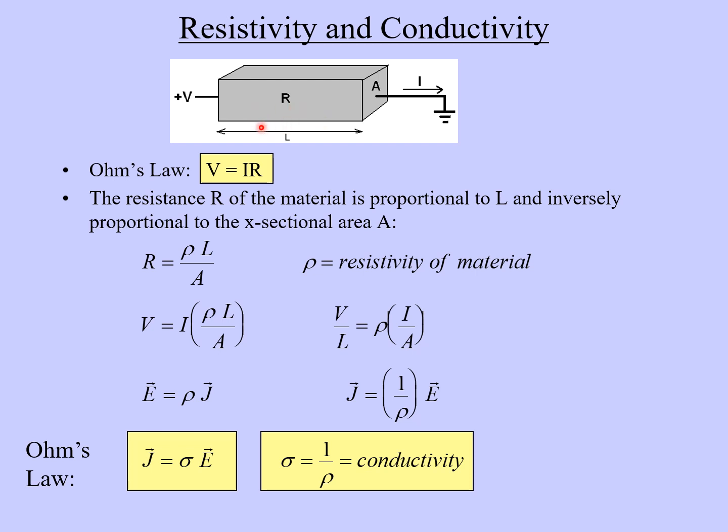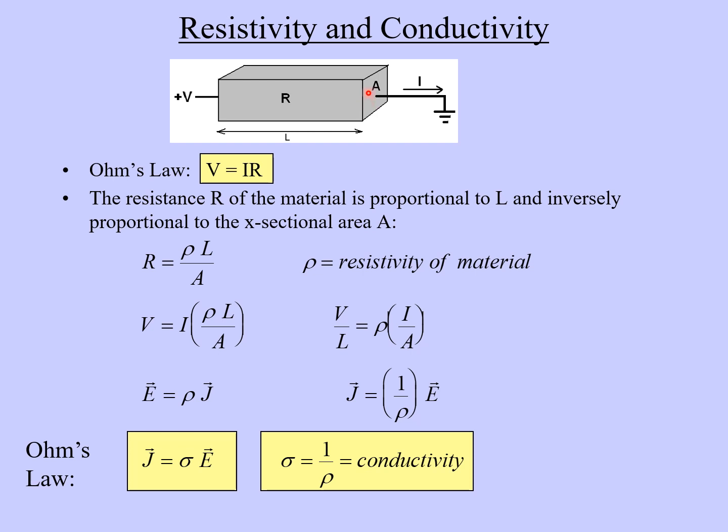The resistance of this chunk of material is proportional to L and inversely proportional to the cross-sectional area A. What that means is if we have a longer block of material, there's going to be more resistance, because the current has to travel through a longer distance through this resistive material.